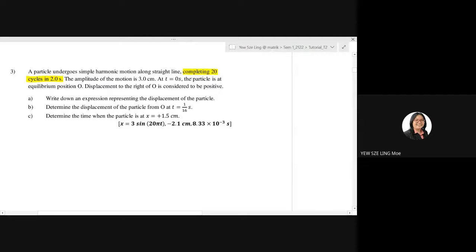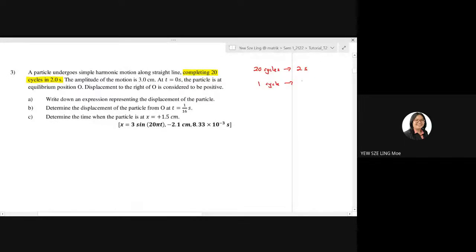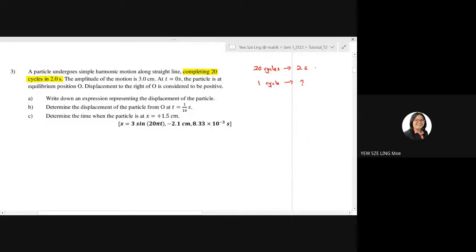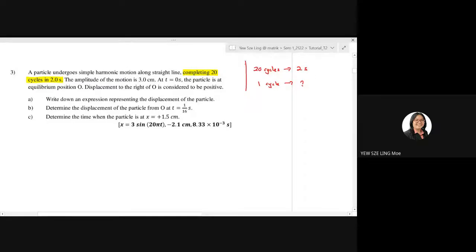What is the information that you can get from this statement? Well, obviously it's the period. 20 cycles take 2 seconds. So what about one cycle? This is the thing that you need to know. From this statement, you are given the information about period.